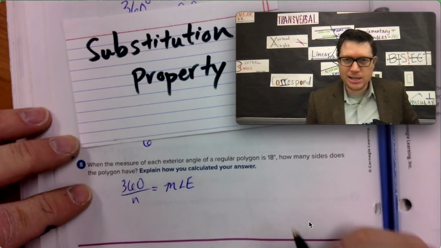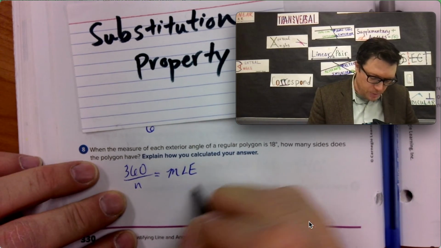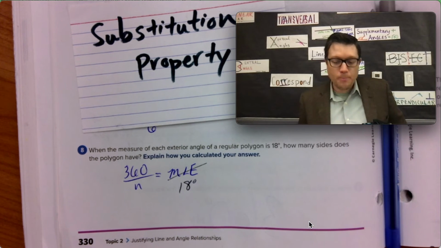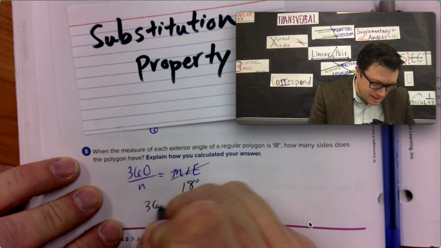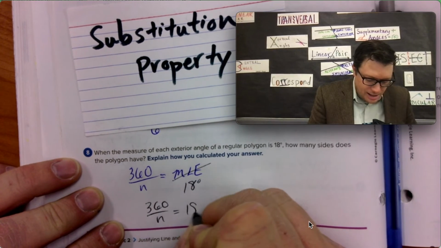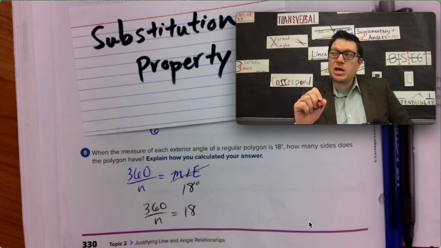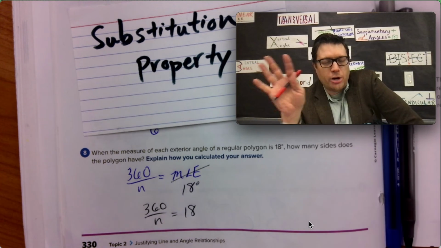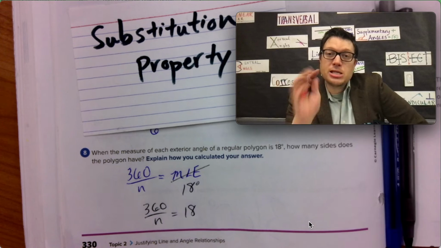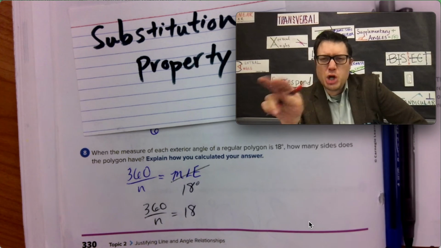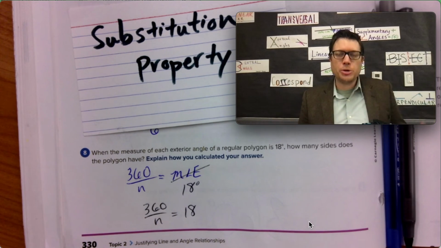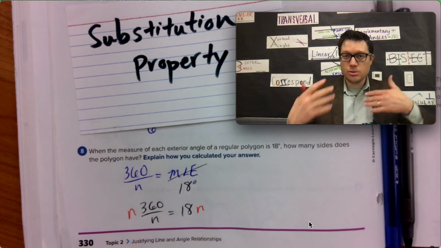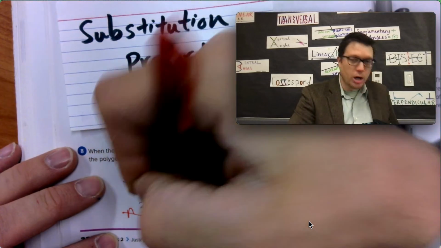So we're going to substitute 18 degrees for the measure of the angle, which gives us 360 over n equals 18. You might be thinking from middle school that someone taught you cross multiply. Don't do that here. If you multiply both sides by n, what was a fraction, 360 over n, no longer is.